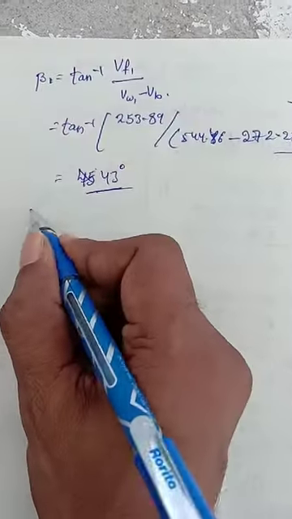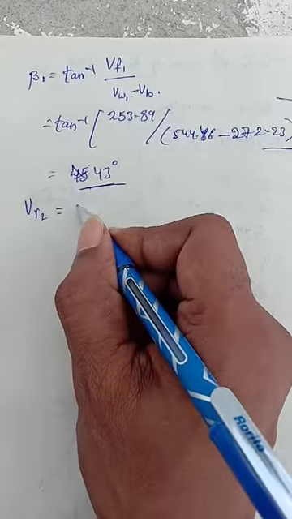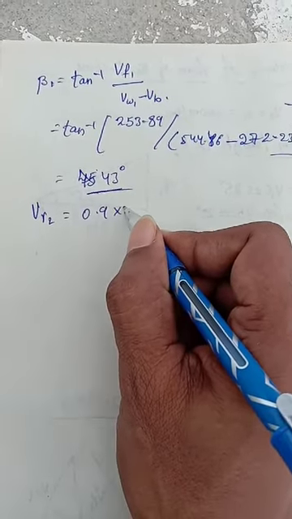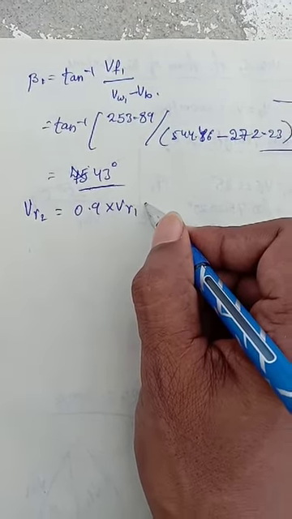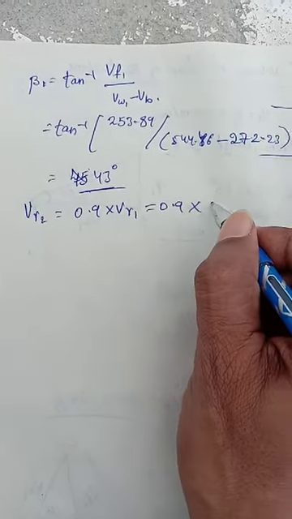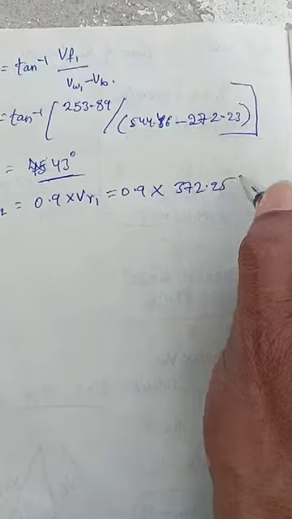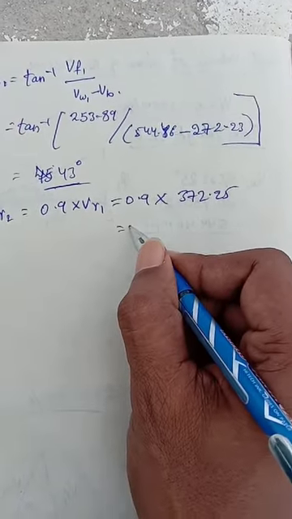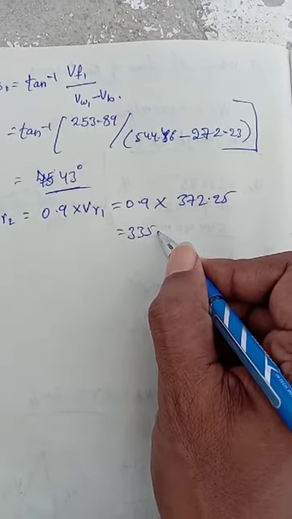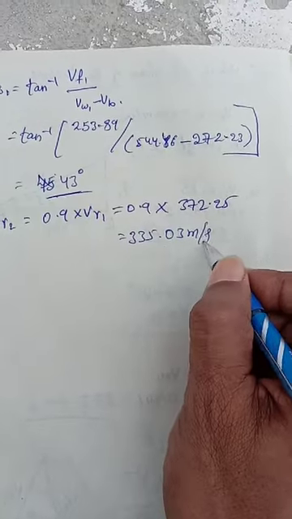Okay, so then VR2 is equal to 0.9 into VR1 is the given. So now here 0.9 into VR1 is equal to 272.25. So now calculate this, it will come meter per seconds.